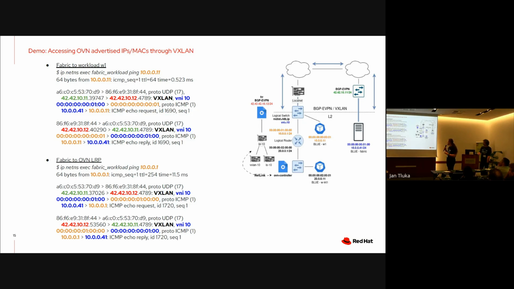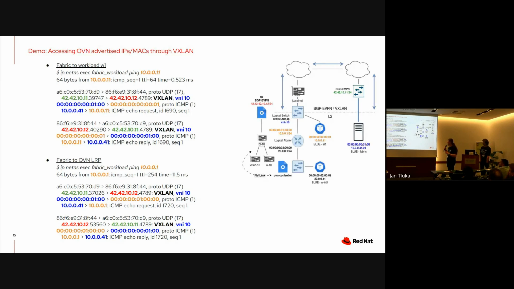So you can see that it will actually end up encapsulated in the tunnel. So with source being the VTEP, destination being the VTEP on the other side, that we have configured through the local IP with proper VNI, MAC address is set, and inside there is the ICMP echo request for the workload from the workload in the fabric.